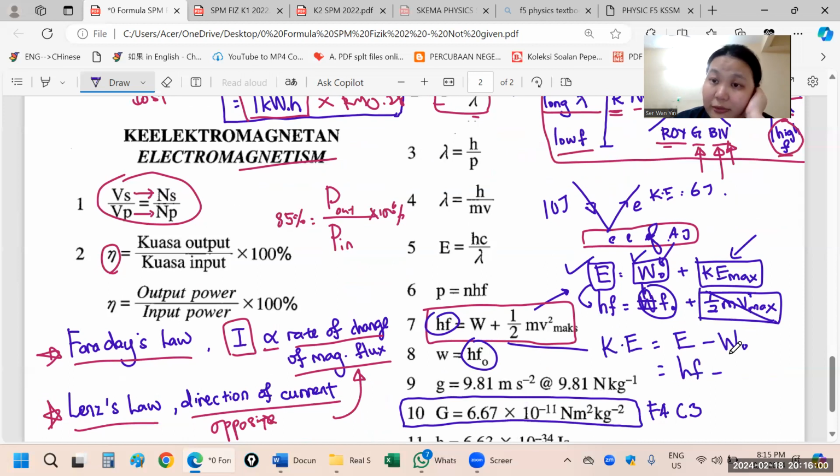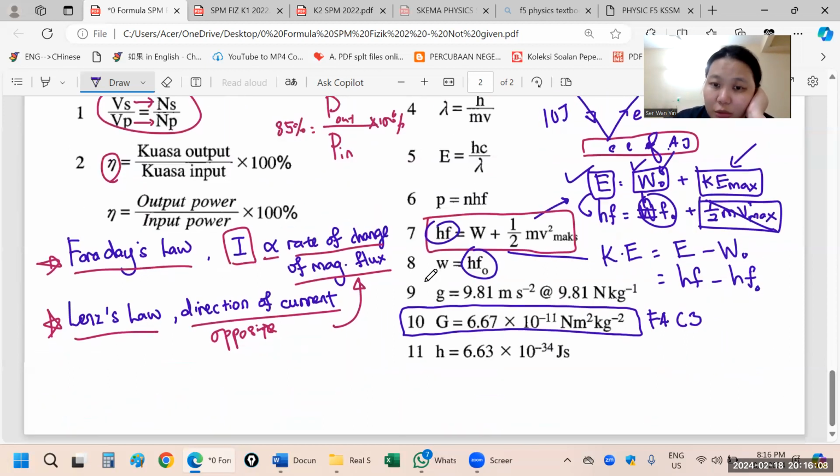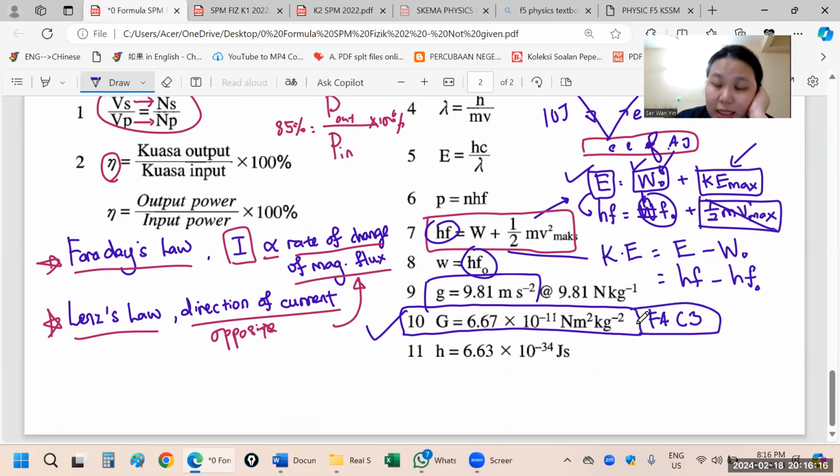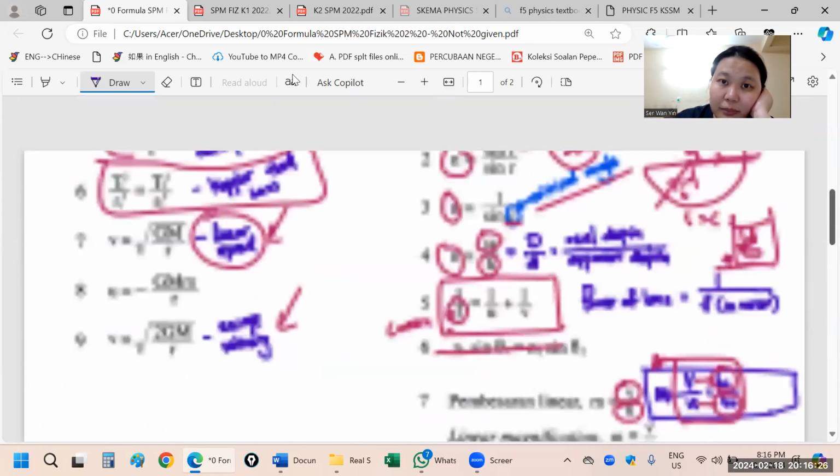Do you know the formula for work function? Yes, hf naught, threshold frequency. Okay, g equals 9.81, not 10. That is Form 4 chapter 3 just now, and this is h, the Planck constant. All given. So that's it for formula.